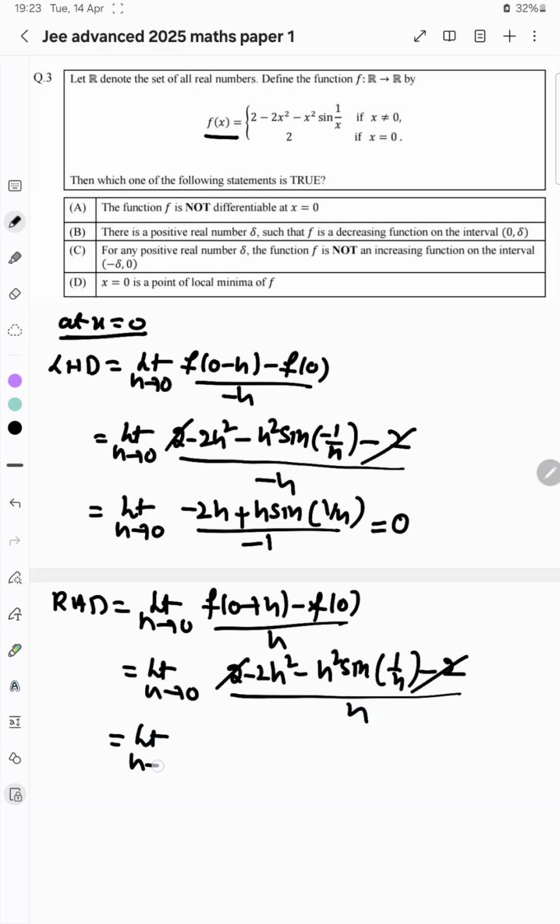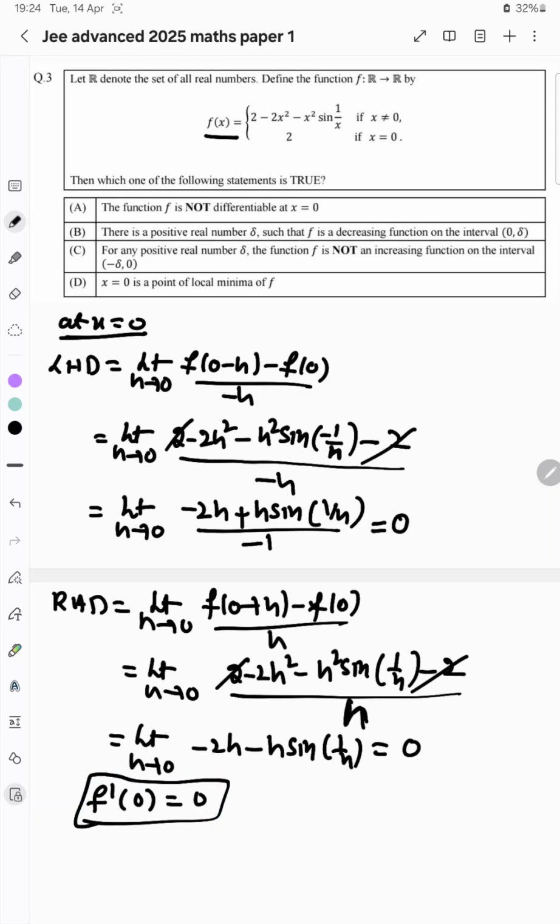Now again h we can take common and strike out. The balance is -2h - h sin(1/h). Now when you substitute h as 0, it is 0 into any finite value, so you'll get 0. So LHD equals RHD clearly. So the function is differentiable at x = 0, and the derivative value at x = 0 is 0 only.